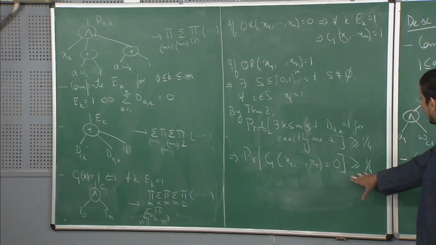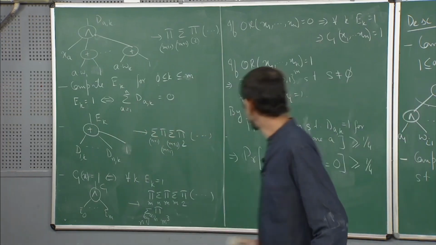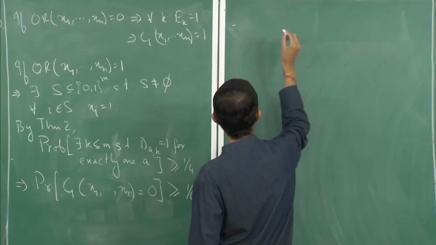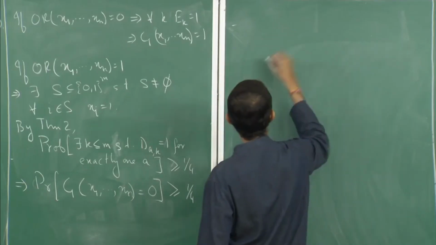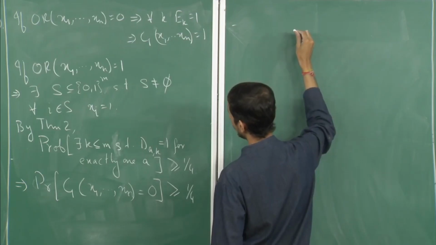We have an error of 3/4, and first of all we have an error in the answer, so we have to flip the answer. To flip the answer we just add an extra 1. So we now define a circuit C2.